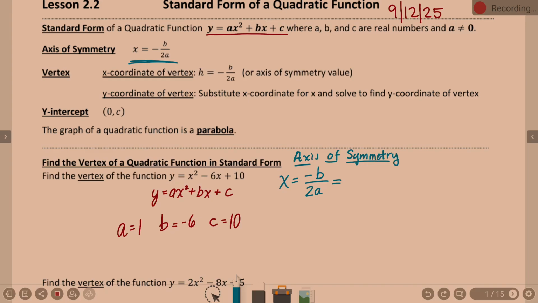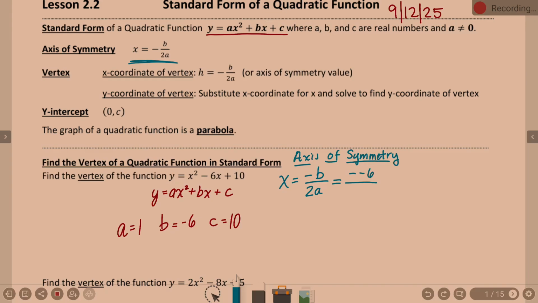Officially, if you look at this, the negative is in front of the fraction. I tend to just put it on the b because it goes either with the top or the bottom, not both, or just out in front of the fraction. So if we're doing the negative of b, what's that mean? It's the negative of negative 6. What do I mean by the negative of negative 6?